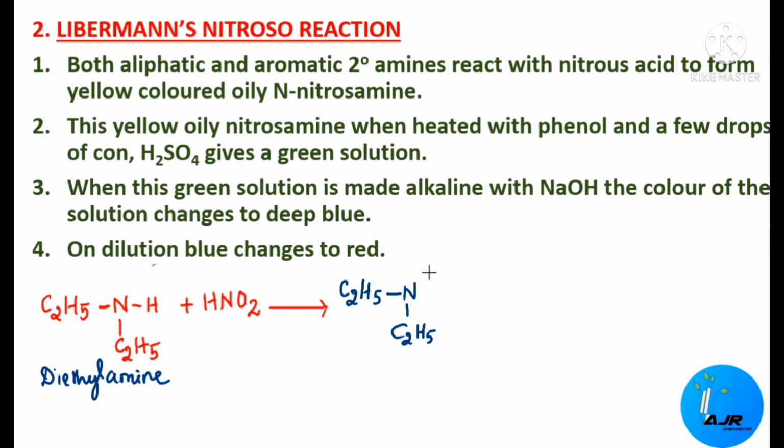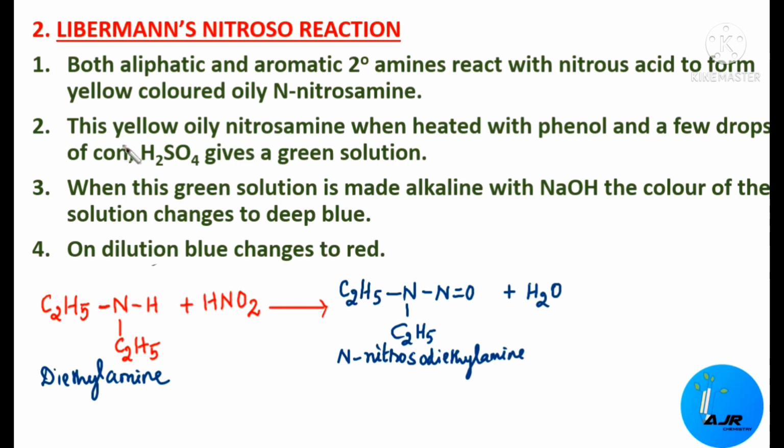So the rest of the compound here we have to join. N double bond O plus water. Okay, understood. So the name of this compound is N-nitroso diethylamine. Now this is the first step.